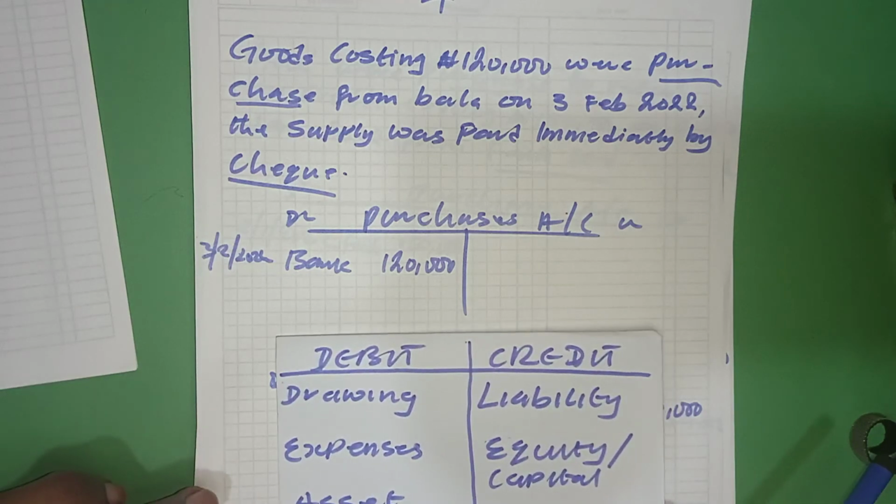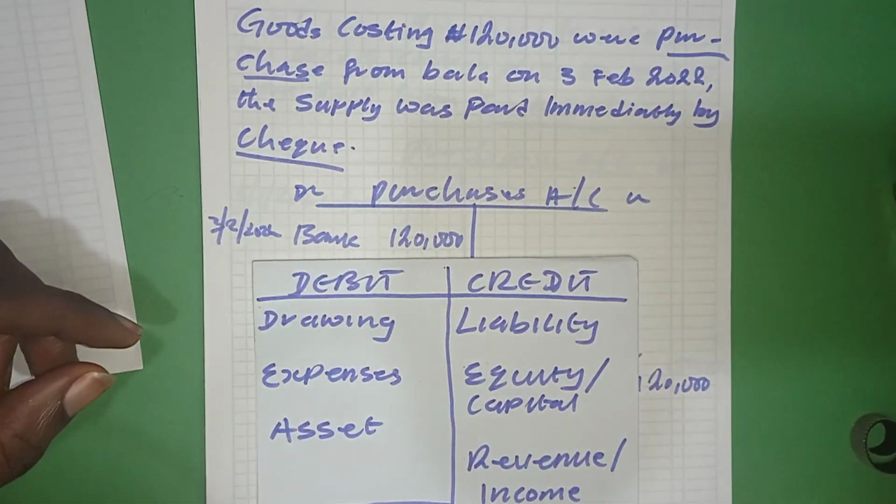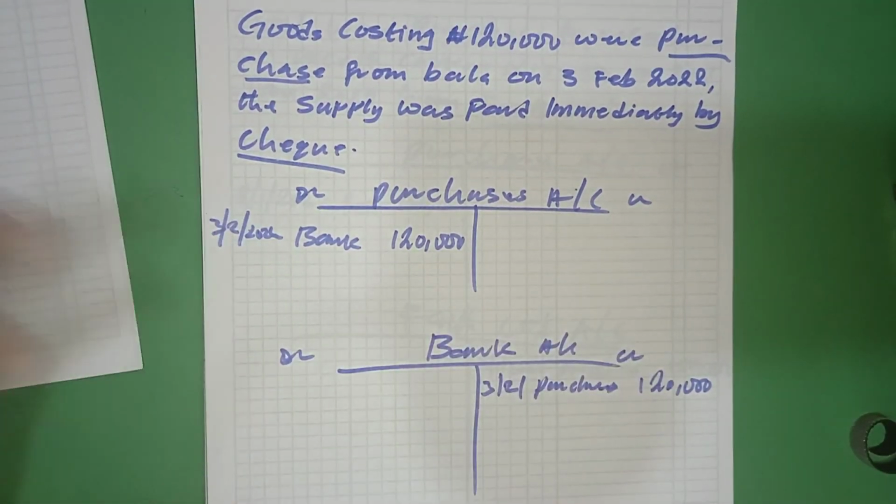This purchase seems as if you are making an expense, but you are stocking up. Stock falls under what? Assets. You understand? So that is that.